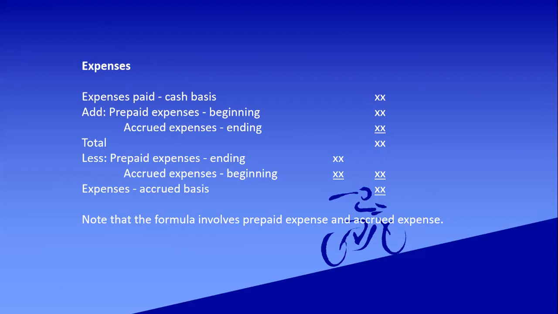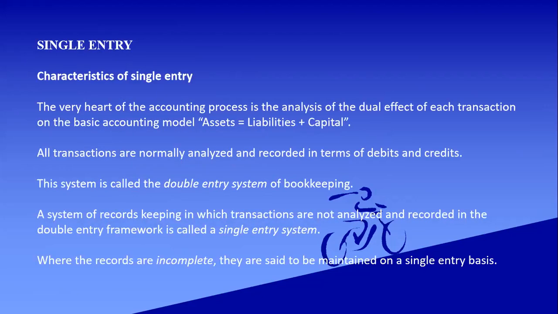So take note that we have prepaid expense and accrued expense with reverse treatments. Note that the formula involves prepaid expense and accrued expense. Okay, so that's all for cash and accrual basis.